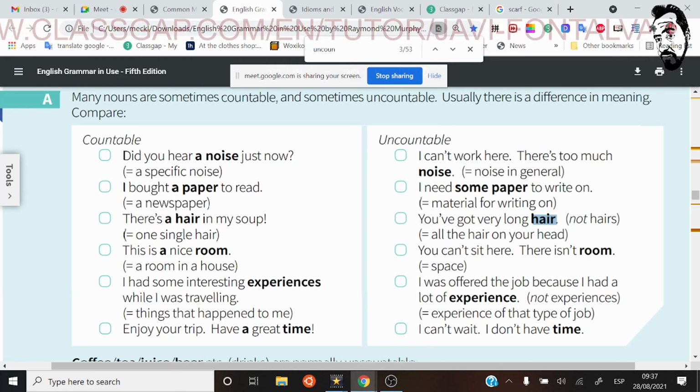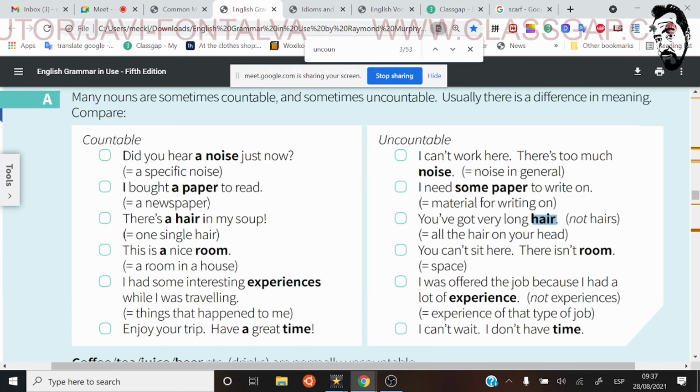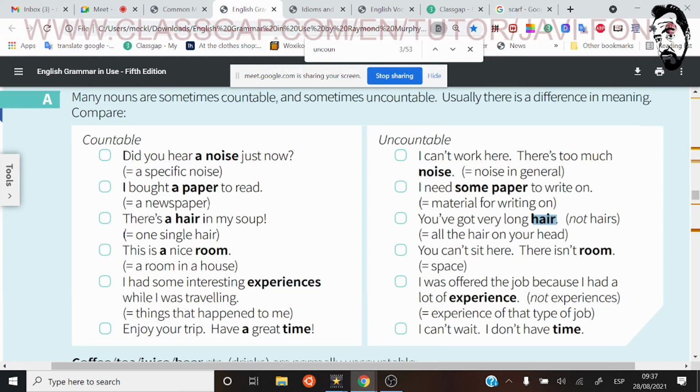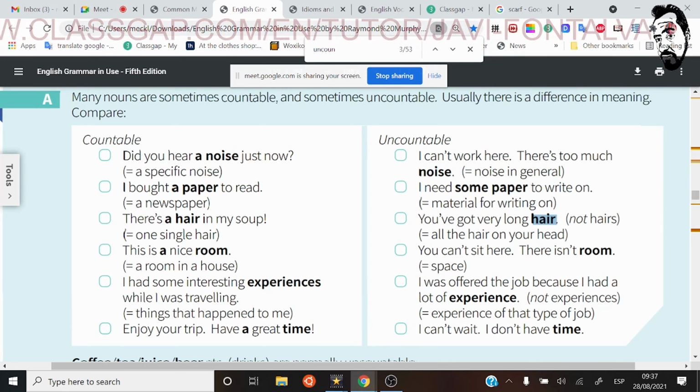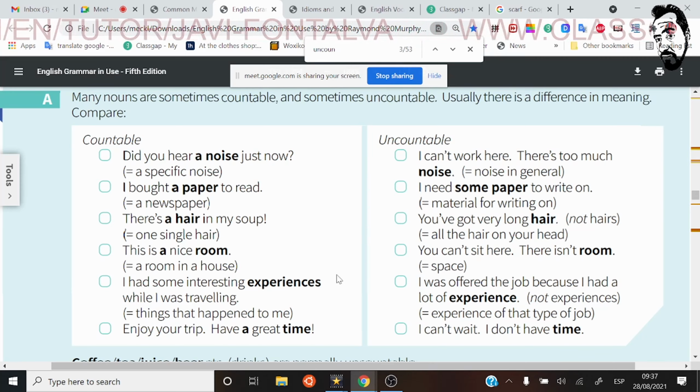When we say hair, uncountable, we mean everything here, all the things you have on your head. So, very important. You don't say I have a long hair. You say I have long hair or I have short hair, if you mean everything on your head.